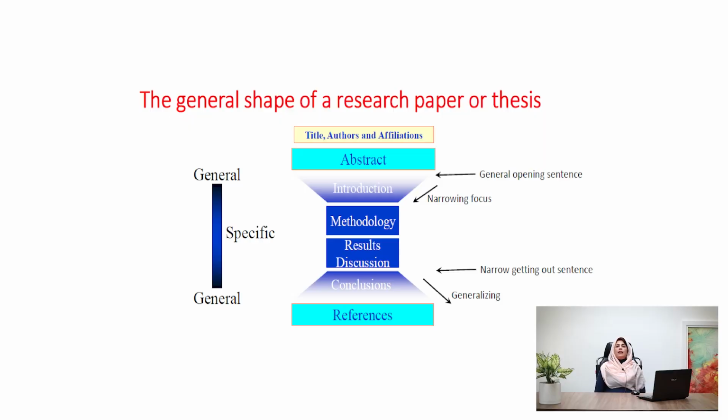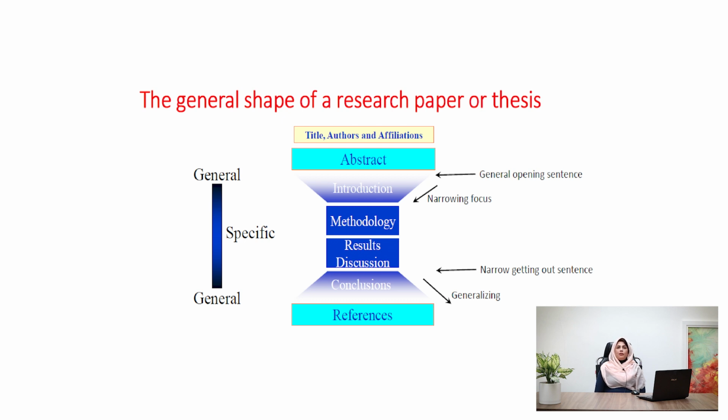Now let's take a look at this general diagram to become familiar with the different parts of a scientific writing. Any scientific paper that you pay attention to has four main parts: introduction, method, results, discussion, and conclusion.